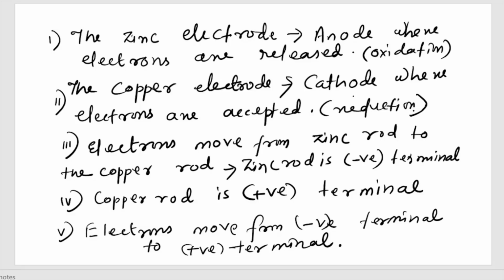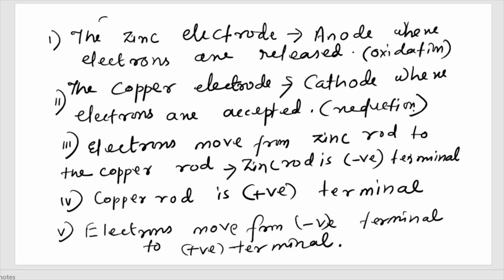Electrons, from where do they move? From the zinc rod to the copper rod. The zinc rod is the negative terminal, the copper rod is the positive terminal. Here I have given the conclusion point. So I hope it is clear to you.